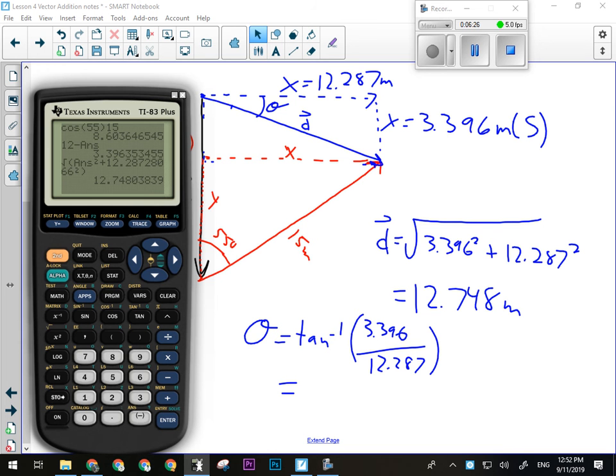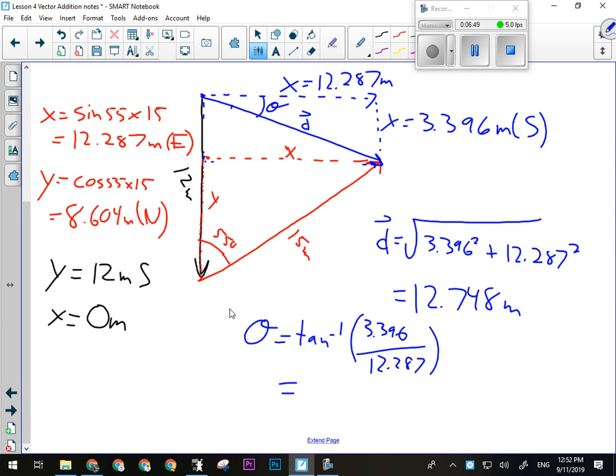So, tan inverse of 3.396353455 divided by 12.28728066. All right, so I'm getting 15.45 degrees. And for me, that is south of east.